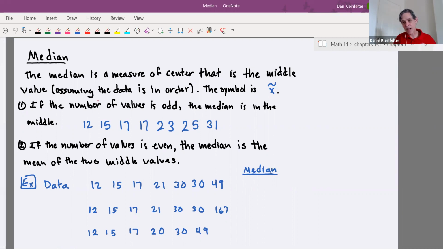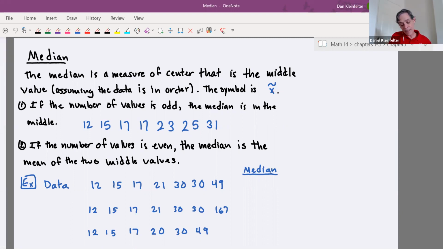If the data is in random order, we're not going to get a consistent answer as to which one is in the middle. The symbol for the median is an X with a tilde, a little squiggle on top. We'll use that for both the population and the sample. We don't have a separate symbol.